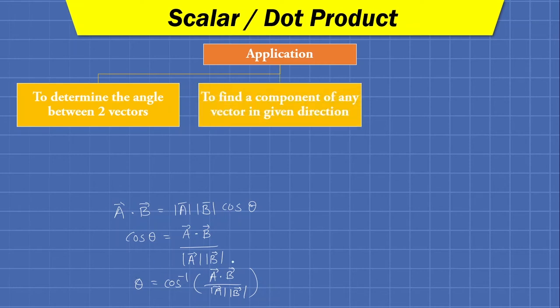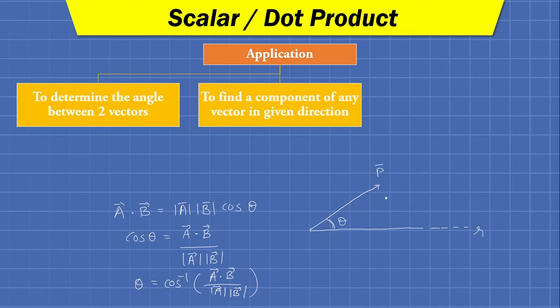The second application is to find the component of any vector in a given direction. For the understanding of this application, let us say I have a reference direction r and some vector p which is making angle theta with the reference direction.